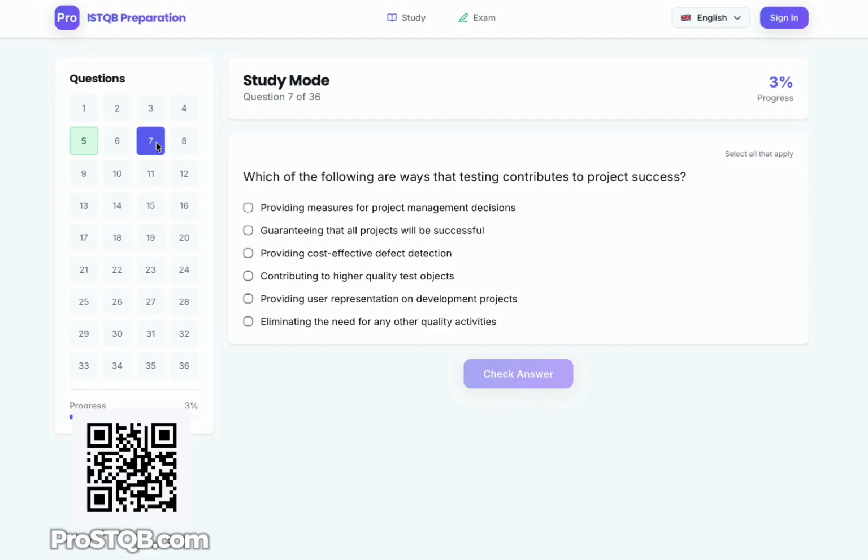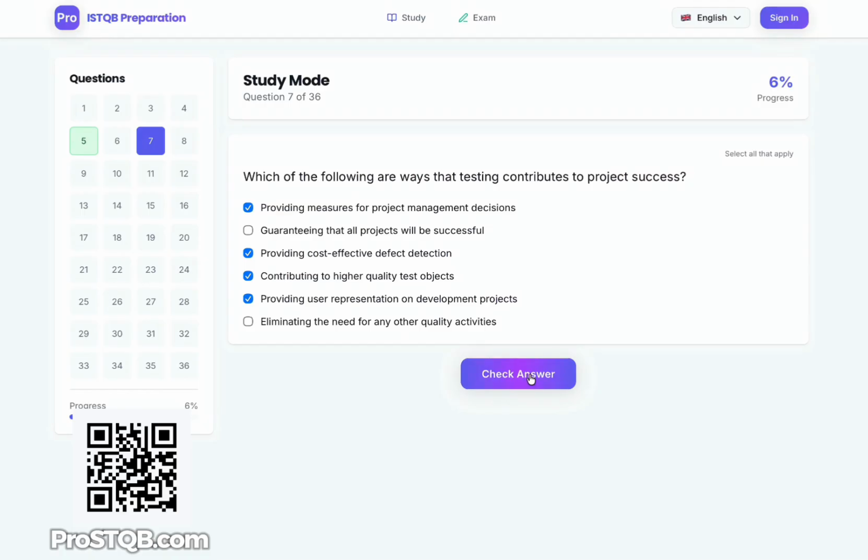Definitely not. Testing is only one part of quality management. Reviews, good development practice, process improvements, and many other activities, all of these are still necessary. So, the correct answers for this question are A, C, D, and E.